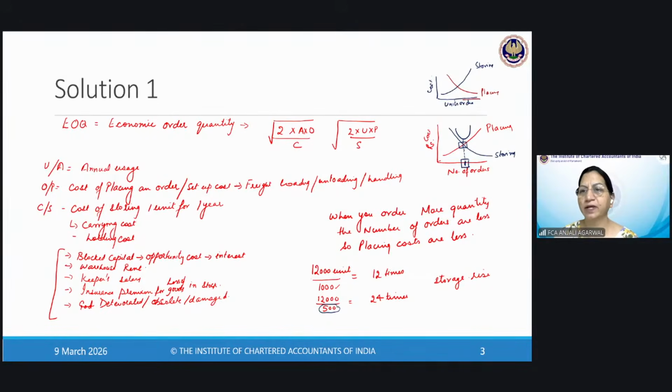So you have to take care what is on the x-axis. If it is units ordered, storage rises and placing falls. But if it is number of orders, placing rises and storage falls. But we have to strike a balance such that the total of the placing and storage cost is least. Another important thing is that when we are taking this decision, we are only considering placing and storage cost because they are our relevant costs.